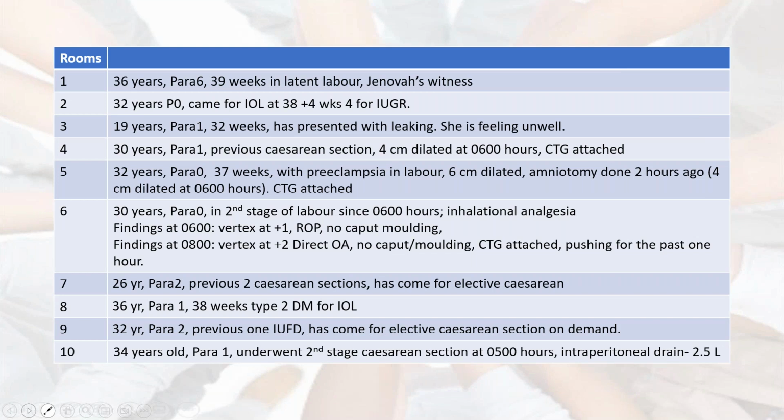And then that one, previous cesarean section and 4 cm, CTG attached. I think the CTG shows variable deceleration, isn't it? And you wanted to do ARM for her, that is what we had decided.